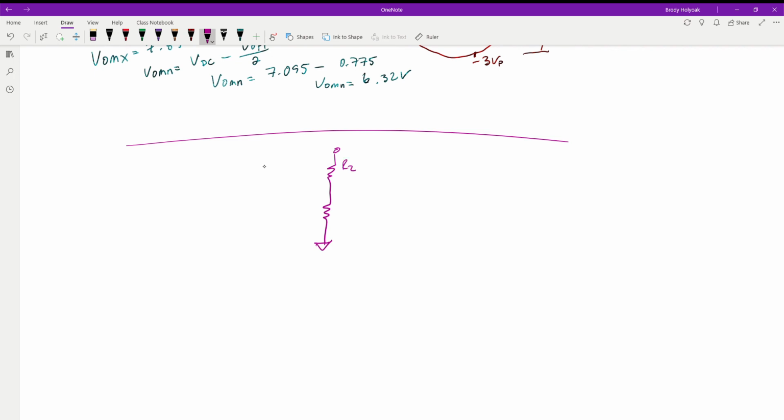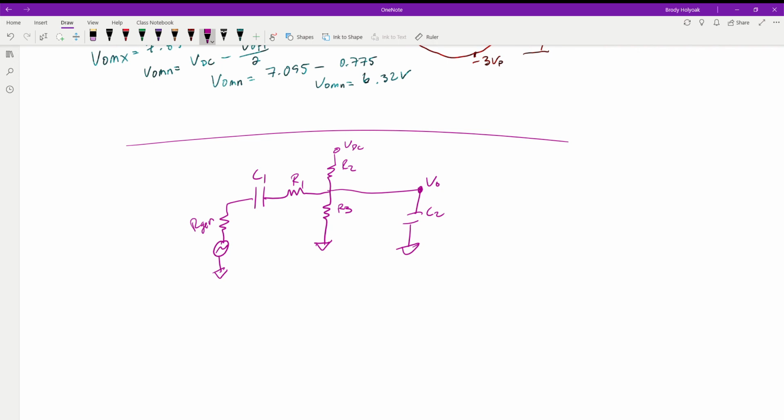We've got R2, R3. This is our voltage DC. Coming out from between R2 and R3, we have our capacitor 2 with our output being taken at that point. Coming the other direction, we have R1. We have capacitor 1. We have our Rgen.